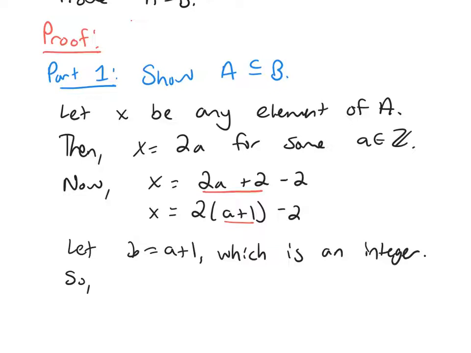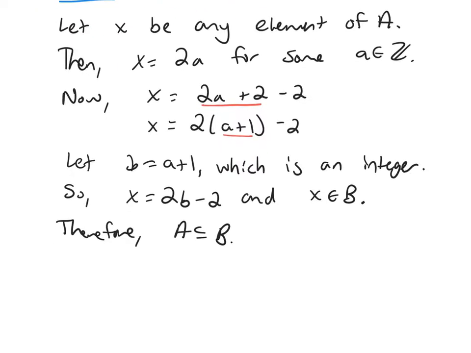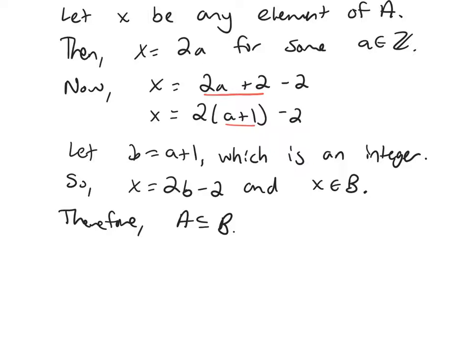So we've written X as 2 times B minus 2. Therefore, X is in B. And I can now say A is a subset of B, because I took an arbitrary element out of A and showed it was also an element of B.